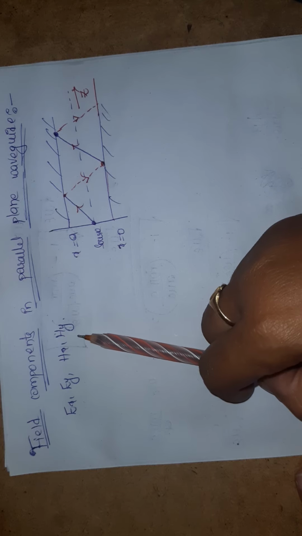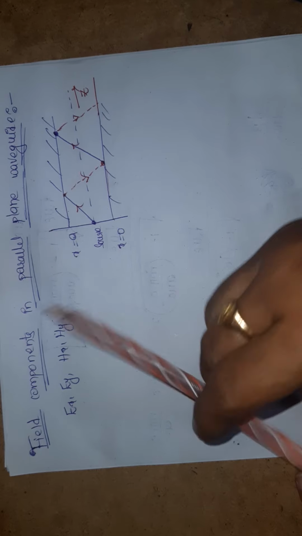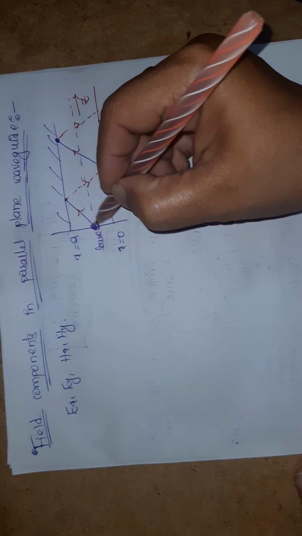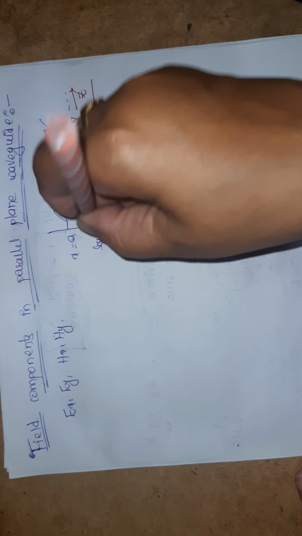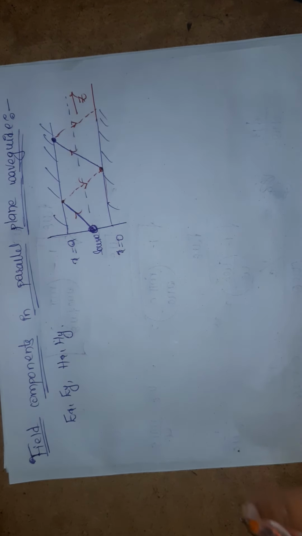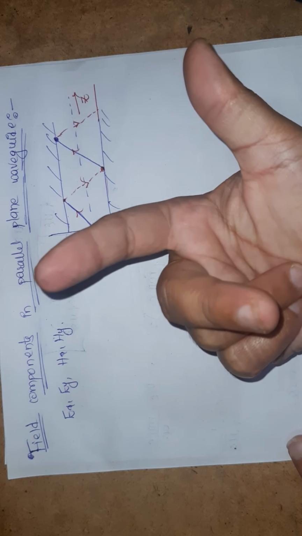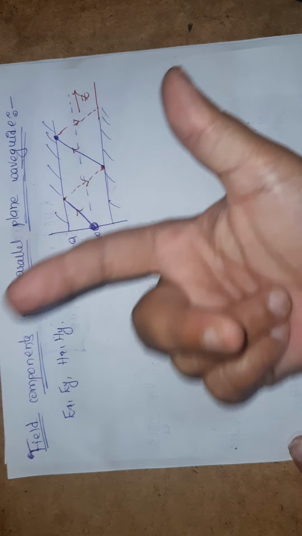Okay, so here we have to consider the right hand thumb rule. So if I consider this as the electric field direction, the magnetic field is out of the board like this. Okay, you have to consider the right hand thumb rule.